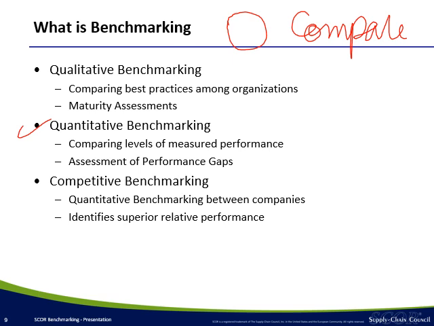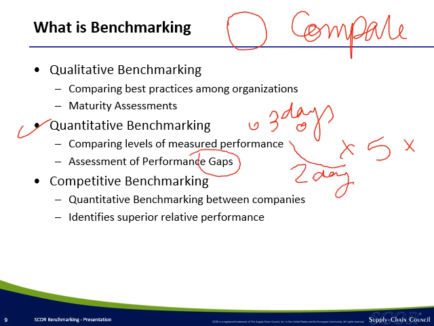We measure how long we take to deliver, let's say 3 days. How long the others take to deliver, they take 5 days, so we are better than them. That's for the metrics, the different metrics. And that means we're better than them by 2 days. So we know the gap. We know whether we're better than them or worse than them, and by how much.